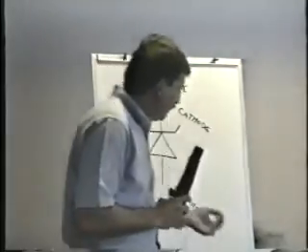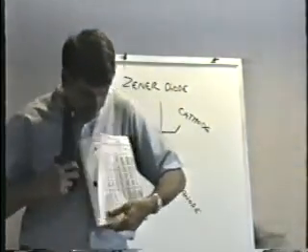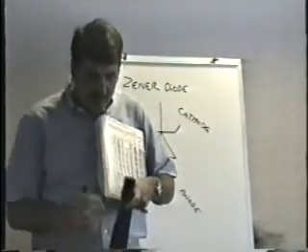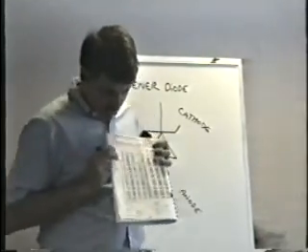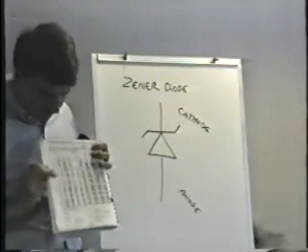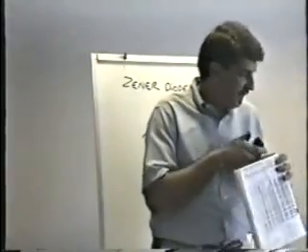Now, if you look at the chart, look down the far left-hand column where it says nominal Zener voltage. And if you look at these voltages, they're nothing like the kind of voltages that we've seen so far.